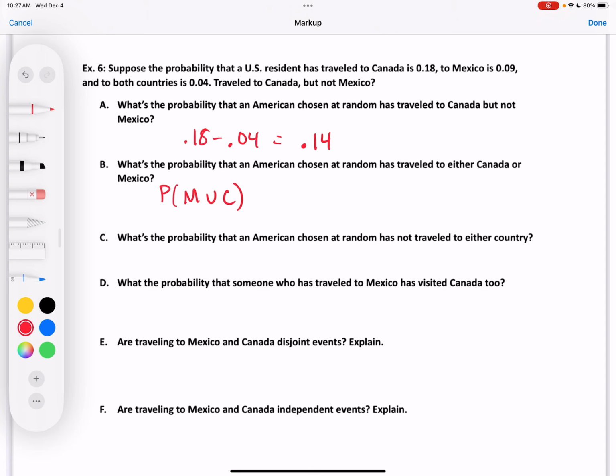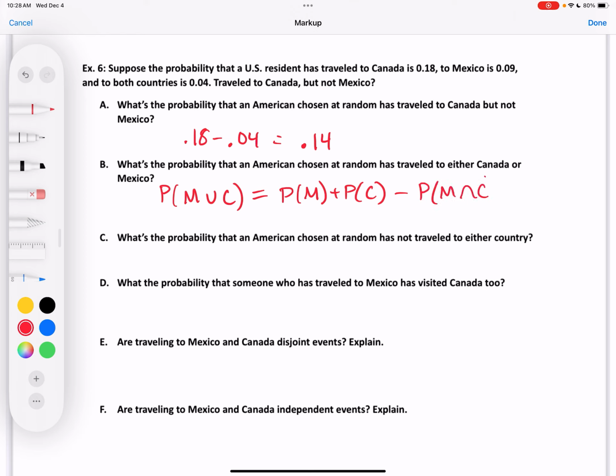What's the probability rule for or? Probability of A plus probability of B minus the probability of the intersection. Yep.